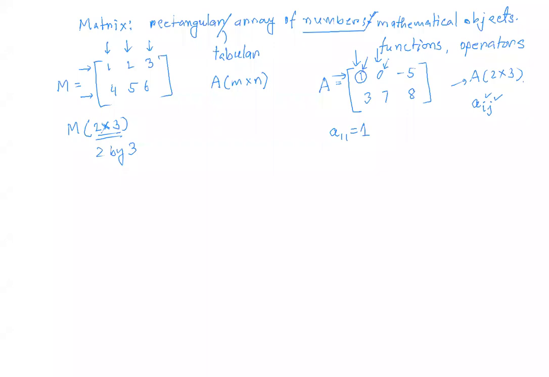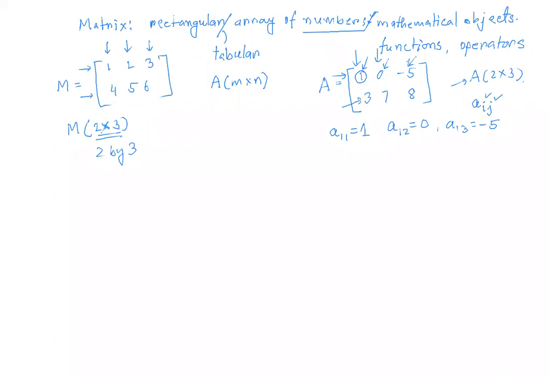So this should be A12, which is 0. This one is located at the intersection of row number 1 and column number 3. So that would be A13, which is equal to -5.